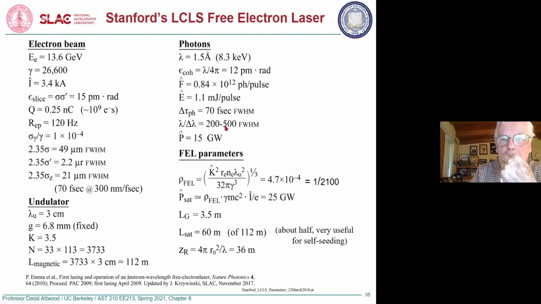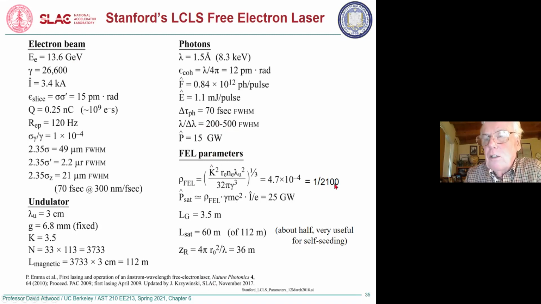And there are some reasons why this is a little bit pessimistic, actually, because in the early measurements, there were reasons that the measurements weren't quite so accurate, I think. Okay, and then here are the FEL parameters. So for LCLS, operating with this electron beam, the FEL parameter is 1 over 2100.